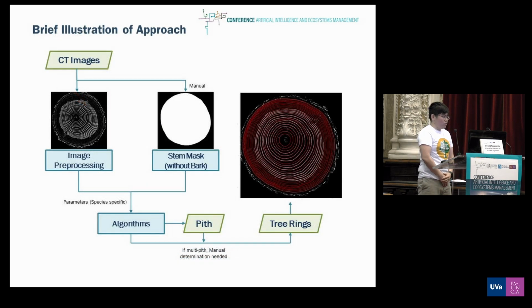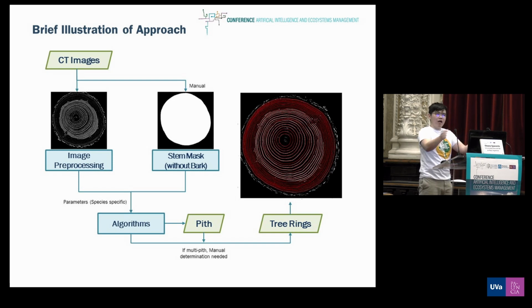Then what is our approach? Currently, we have CT images, and we try to do pre-processing to get rid of the sapwood region, as on the left-hand side. Additionally, to be honest, I don't have that much time to write another algorithm to find where the bark is. As we know, this is just density values.